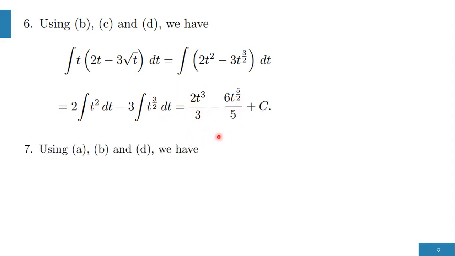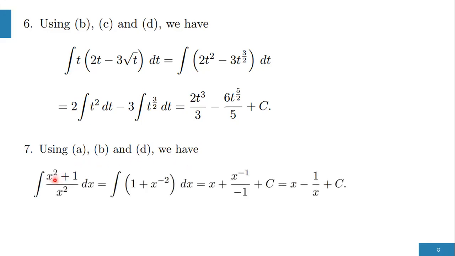And for the seventh example, using A, B, and D, we're using here the first, the second, and the fourth theorem. The integration of x squared plus 1 all over x squared dx is our given.